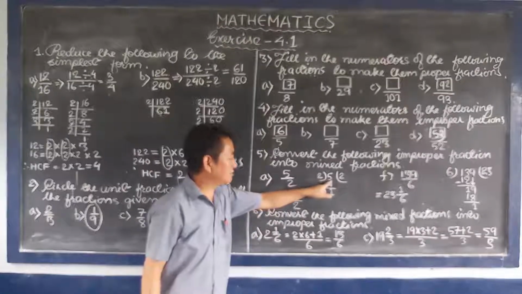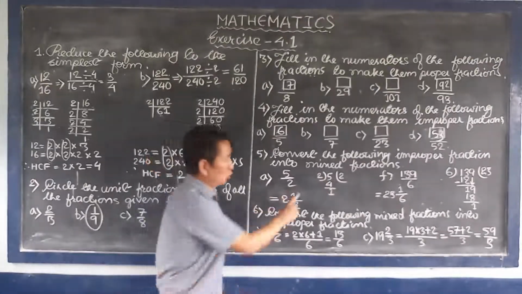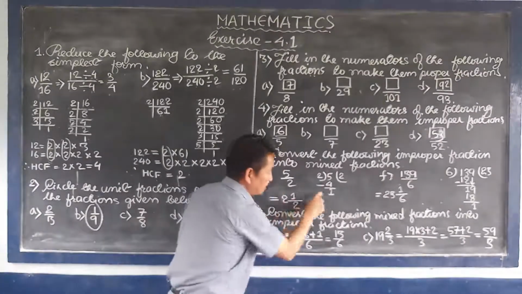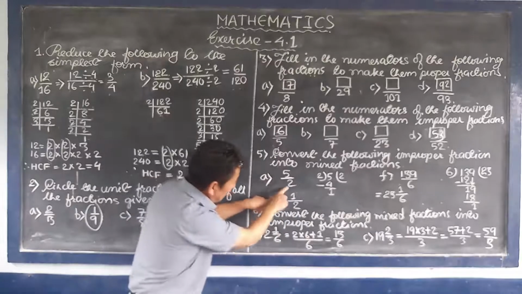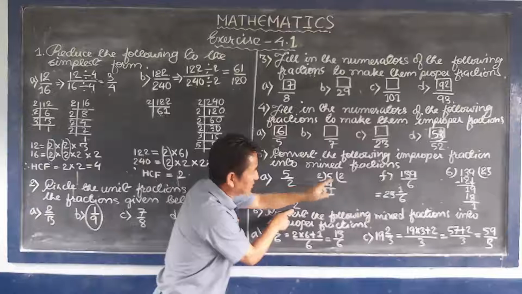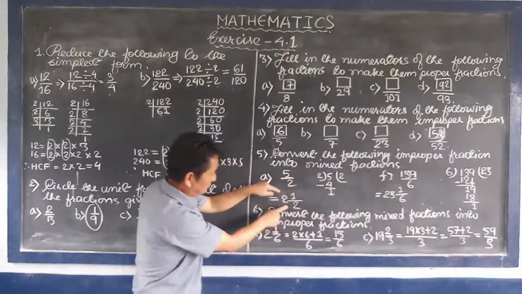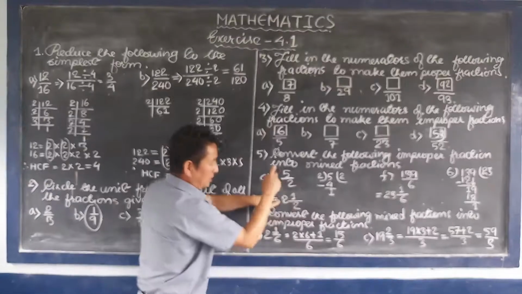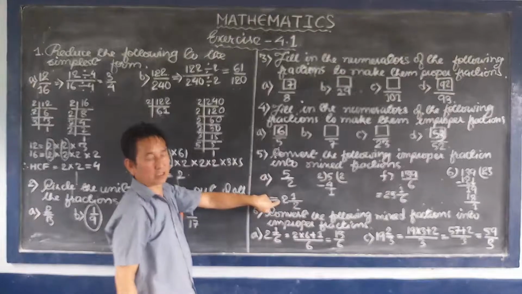We'll divide this 5 by 2. So 2 2s are 4. We'll subtract. 1 is the remainder. So we'll write the denominator same here, 2. So how many times is 5 divided by 2? 2 times. We'll write this 2 as the whole number and the remainder we'll write as the numerator.